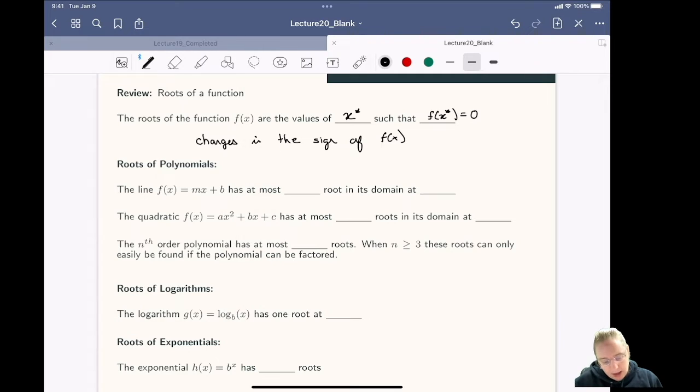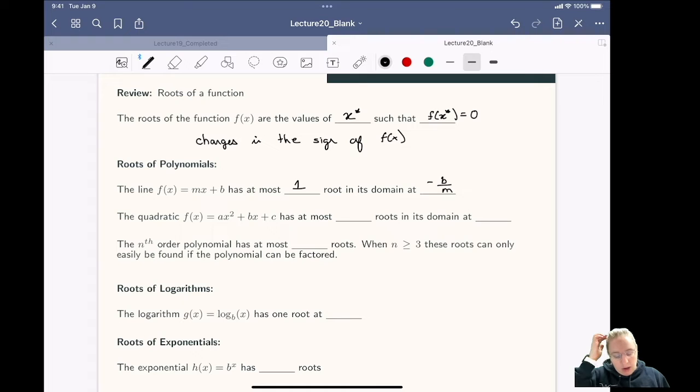All right, so we have several biological functions. The first of them is a polynomial. If we have a line f of x, which equals mx plus b, which is a first degree polynomial, this has at most how many roots? It has at most one root, and that root occurs at minus b over m.